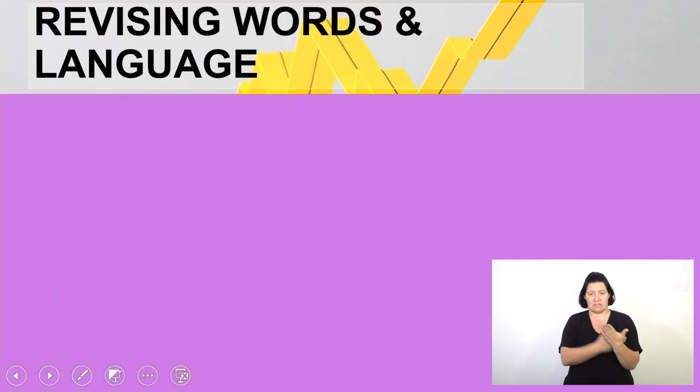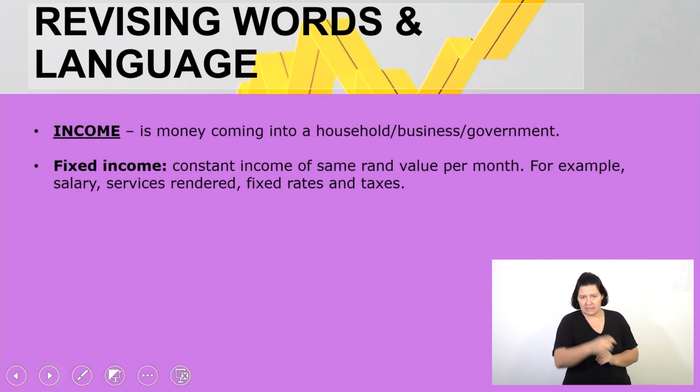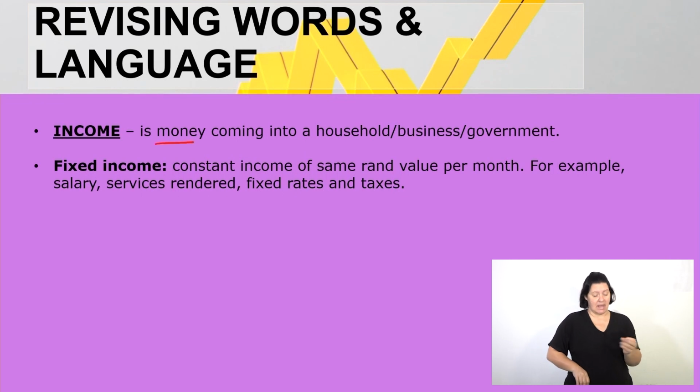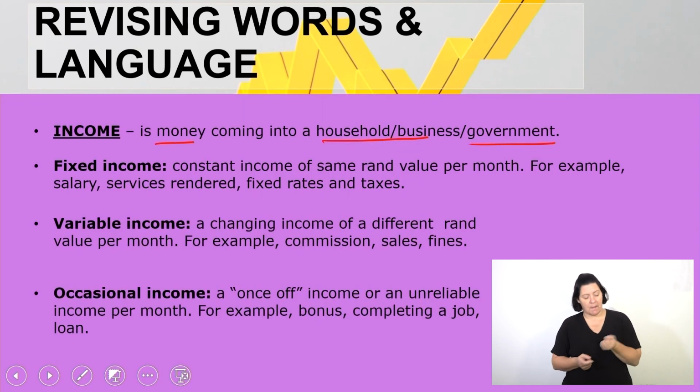Now let's move on to see what other language and important words you should know by now. So first of all, I indicated here that income is the money coming into a household, a business, or government. Then we have, first of all, a fixed income. That is your constant income of the same rand value per month. For example, your salary, a service rendered, fixed rate, and taxes.